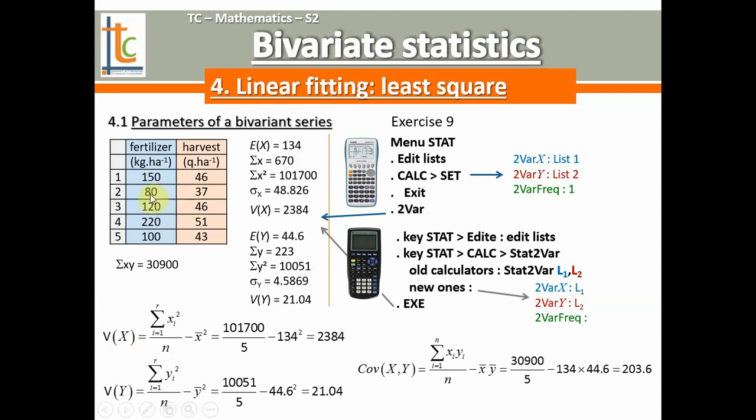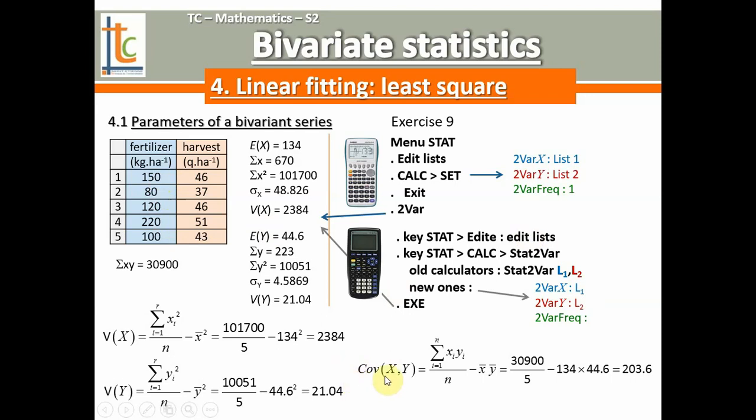And you can have a closer look in the table. A low value of x gives a low value of y, and a big value of x gives a big value of y. Okay, and it appears like that in general in the table. So it doesn't have to appear each time in each row of the chart, but if it appears in the majority of the rows, okay, then you will have a positive covariance.